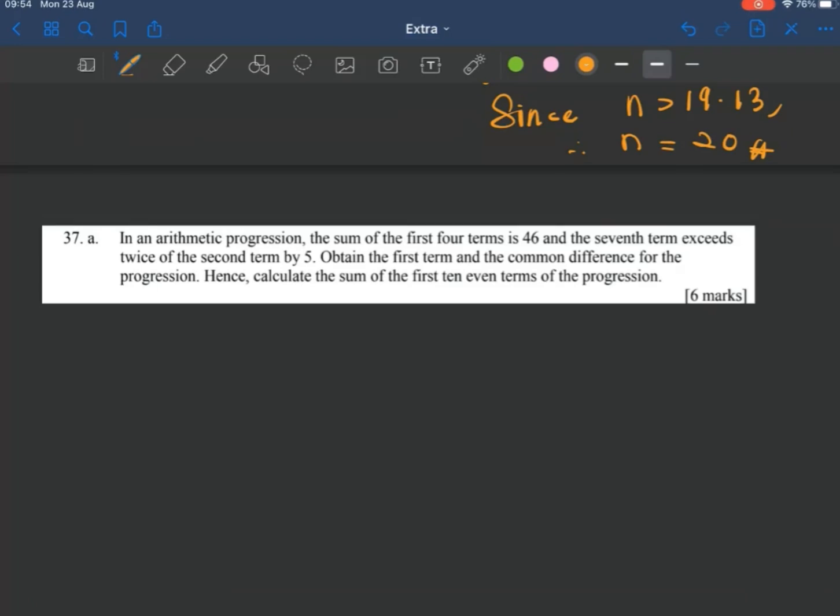Baca dulu soalannya. In arithmetic progression.